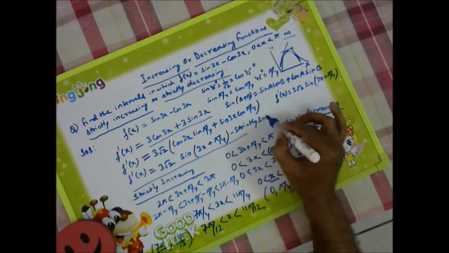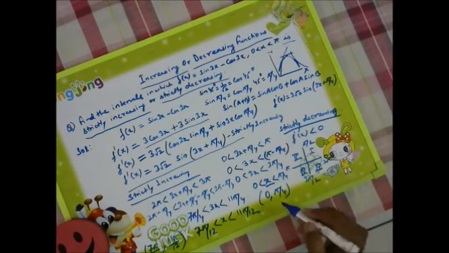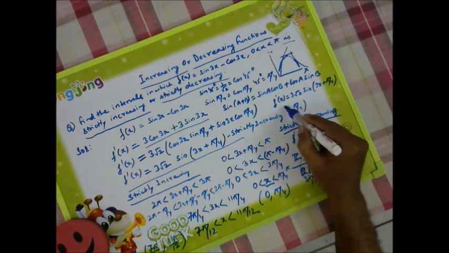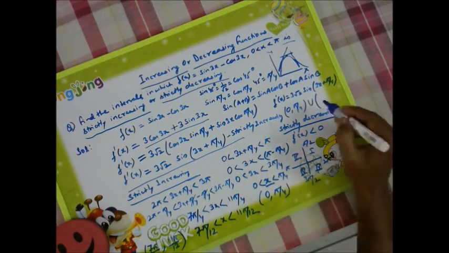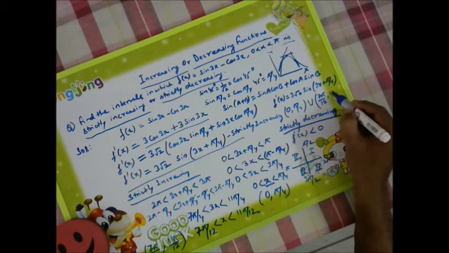So which are the intervals? One is 0 to pi by 4. Then another interval is 7 pi by 12 to 11 pi by 12.